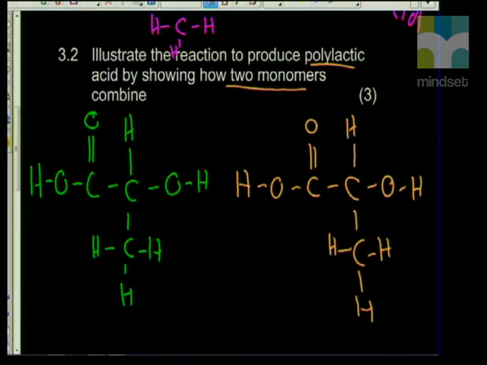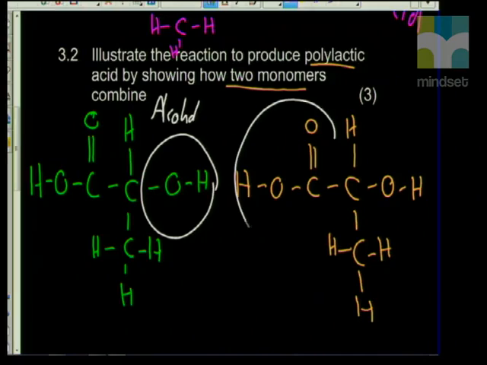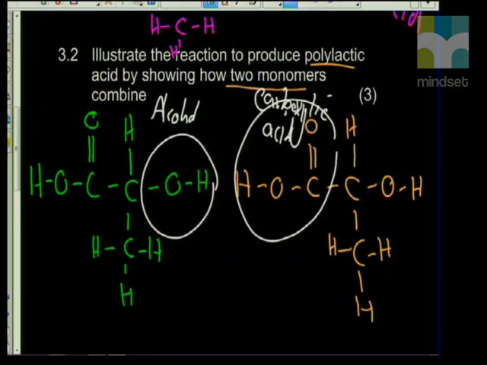Now, what is going to happen? I hope you can identify that this end is an alcohol, while this end, this functional group, is a carboxylic acid. And when those two come together, the alcohol and the carboxylic acid, that's forming an ester bond.